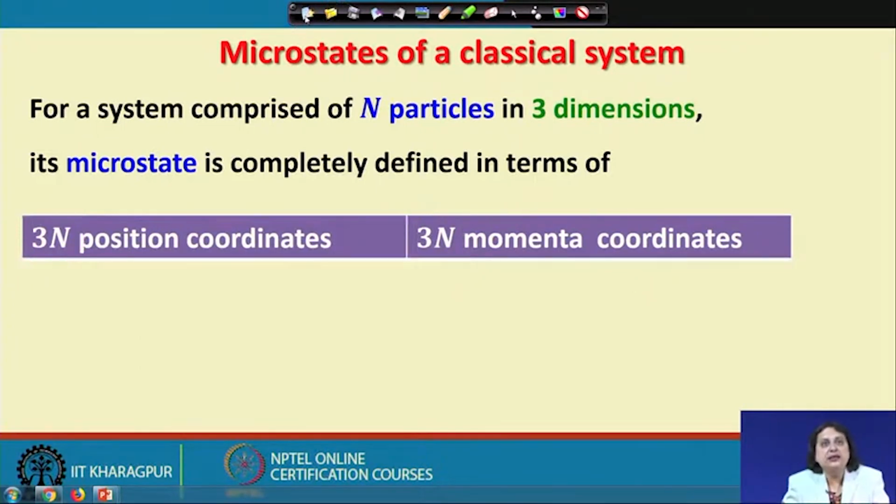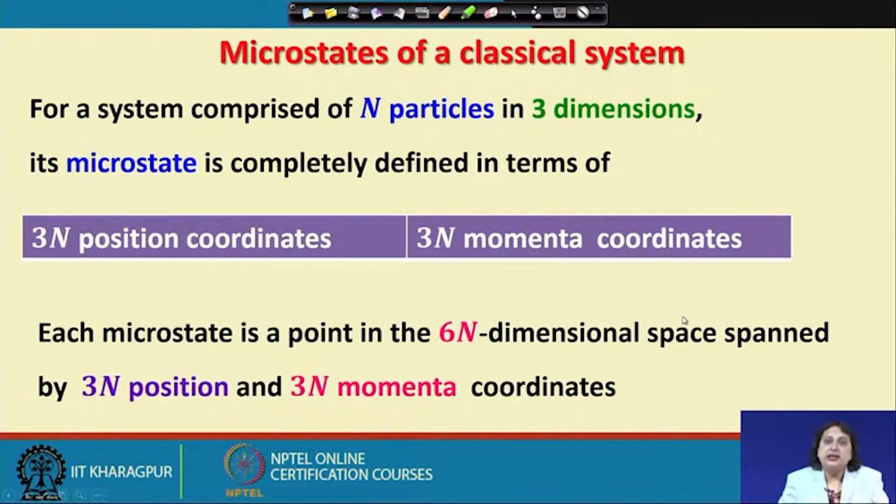And therefore, the basic idea is that when I have a system like this, each microstate is specified by attaching a value to each of these 3N position coordinates and 3N momenta coordinates. For another microscopic state, there will be some different values of these 3N position coordinates and 3N momenta coordinates.